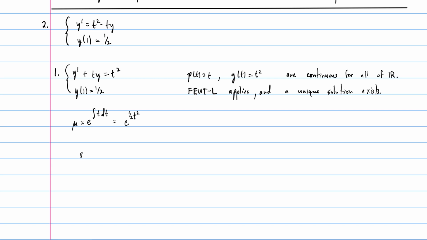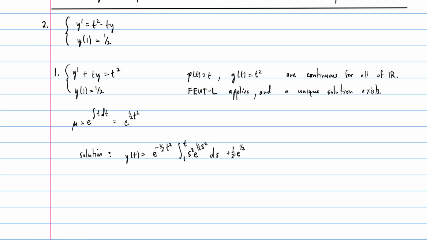So the general solution, or we can do the particular solution, right? The particular solution is going to be y of t equals 1 over mu, so e to the minus 1/2 t squared, times the integral from t naught to t, so from 1 to t, of this function times mu, so s squared times e to the 1/2 s squared ds, plus e to the 1/2 times 1 squared over 2.